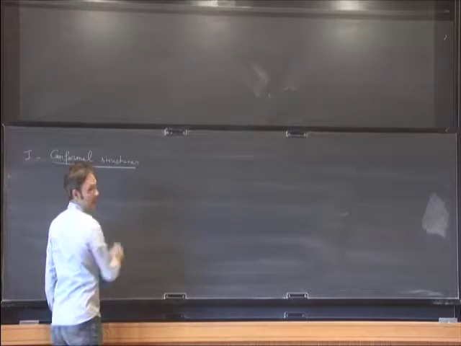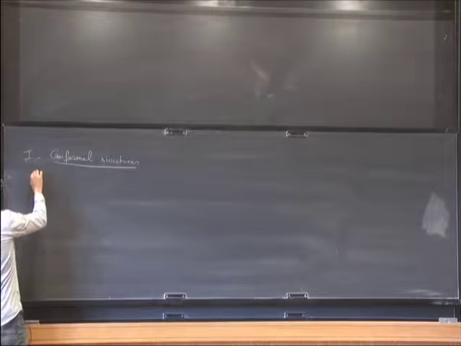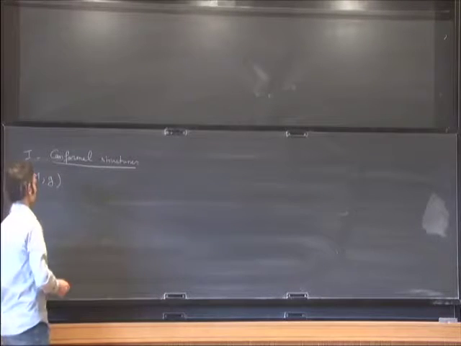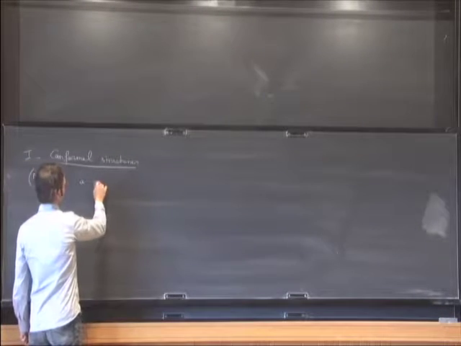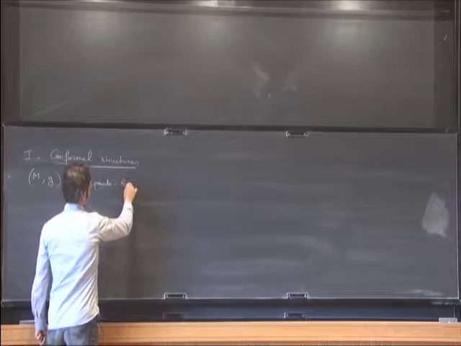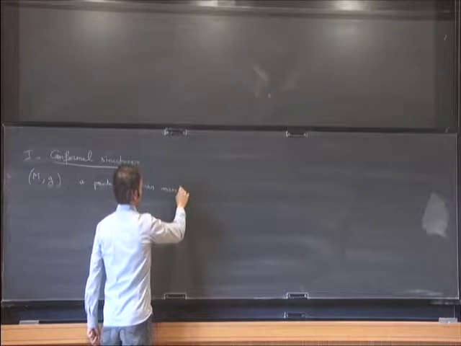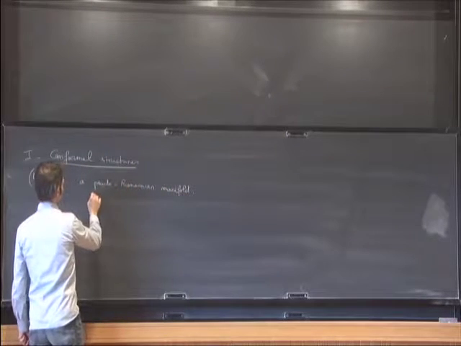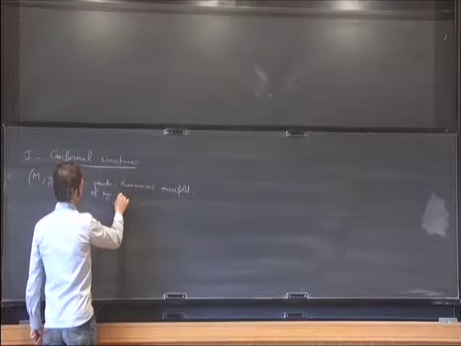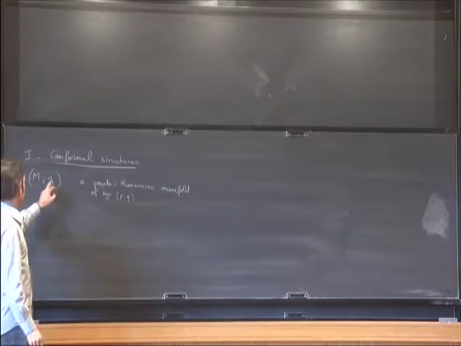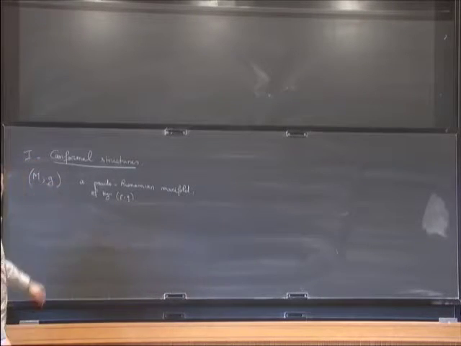So I first briefly recall what are the objects we will be studying. The main object of study will be a manifold endowed with a Riemannian or a Pseudo-Riemannian metric. I recall that a Pseudo-Riemannian metric of signature (p,q) is a smooth field of bilinear forms, non-degenerate, of signature (p,q) on the manifold.